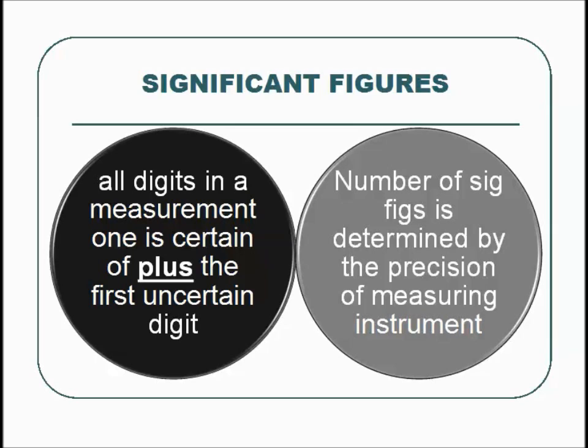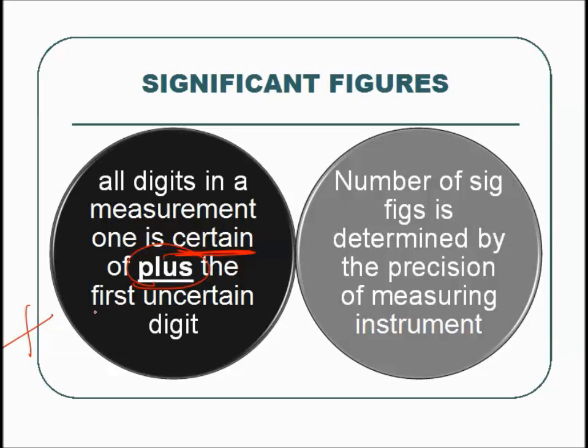So by definition, the significant figures are all digits in a measurement that you are certain of, plus the first uncertain digit. You estimate that.